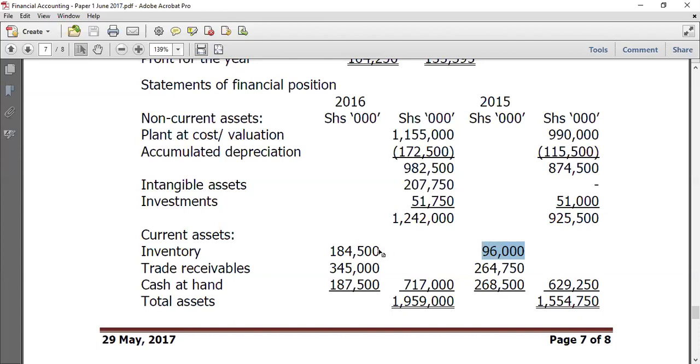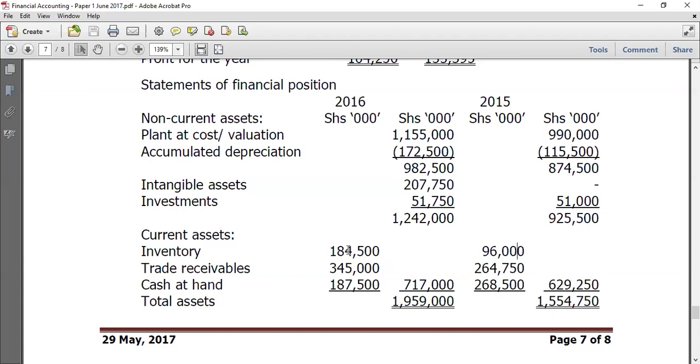Just from layman's understanding, I used more money to bring in more inventory, okay? So it means that it is a cash outflow. So if I'm able to get the difference between 184,500 and 96,000, I should be able to record this as a cash outflow, okay?